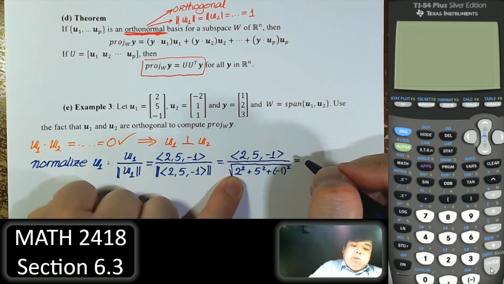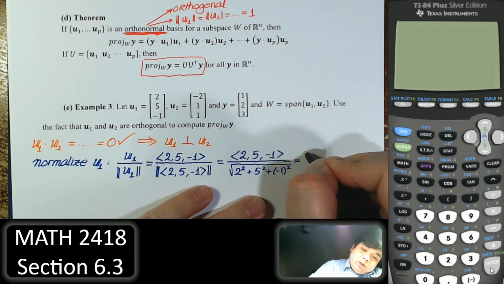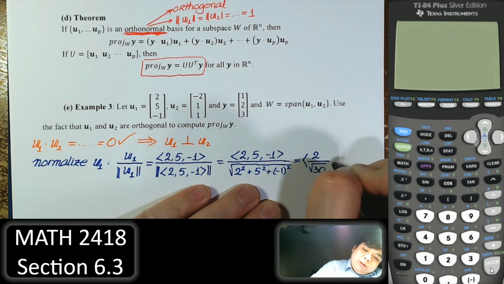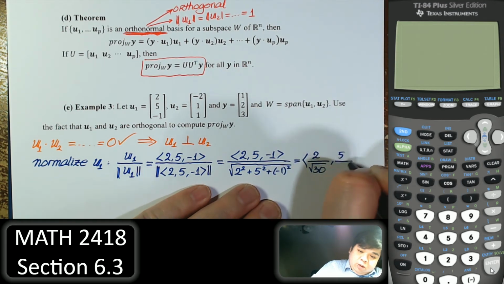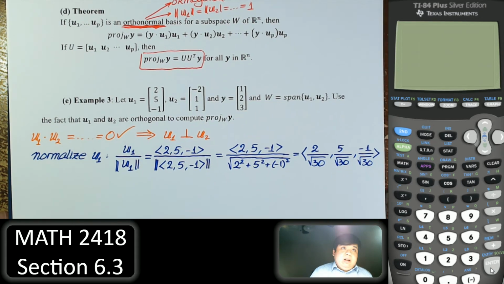Of course, that is 4, 25, and 1, that's 30, the square root of 30. So we have 2 over square root of 30, 5 over square root of 30, and negative 1 over square root of 30. So that is the normalized version of u1.